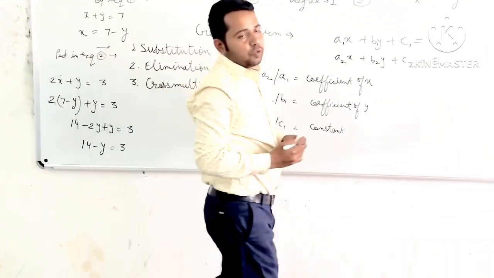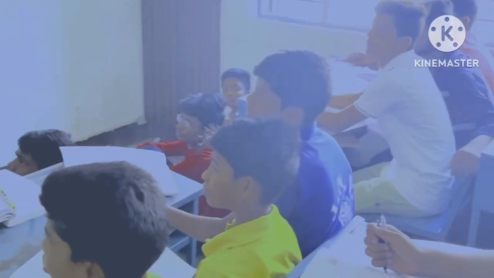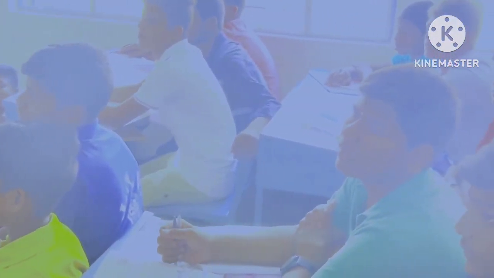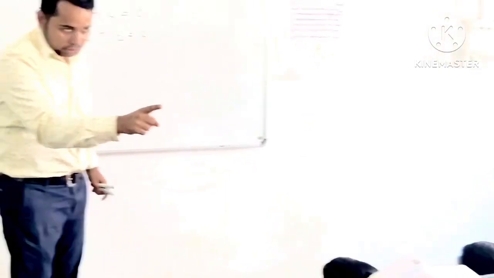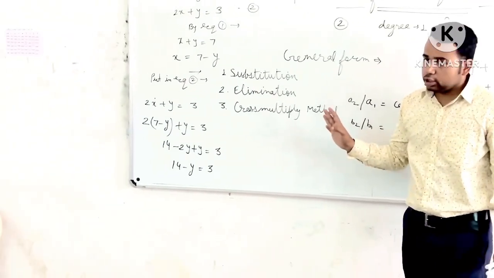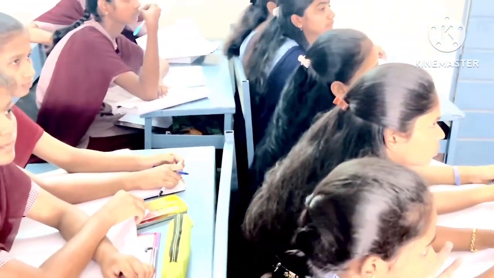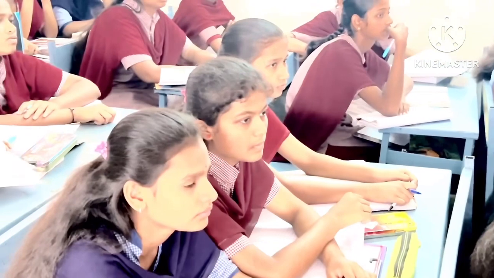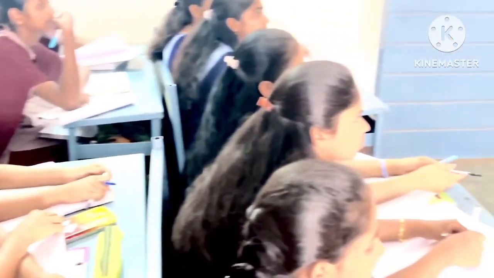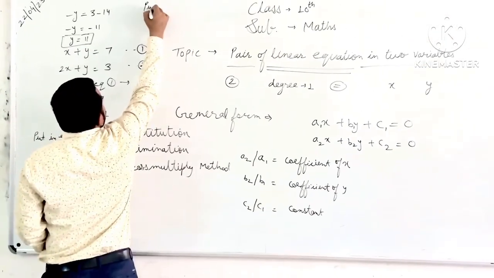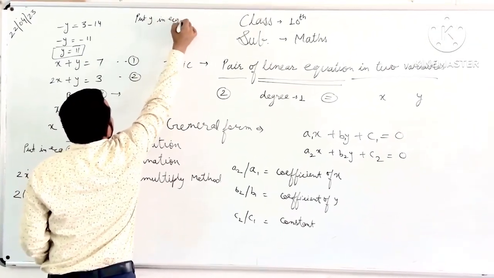Now we have the value of y, and we put this value in any equation to find the value of x also. Are you understanding the method? Simple question, simple method. This is called substitution method. Now we will put the value we got into equation number 1 or 2. It is your choice, but better to use the simple one, equation first.